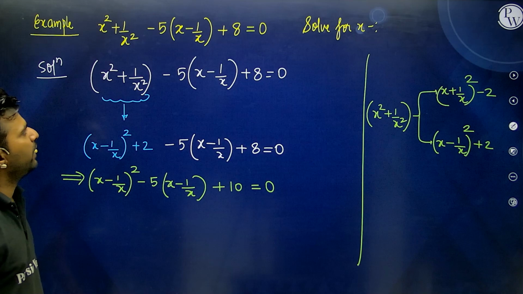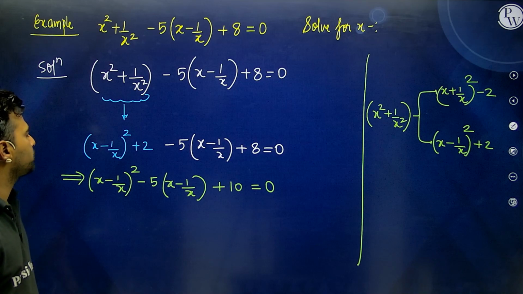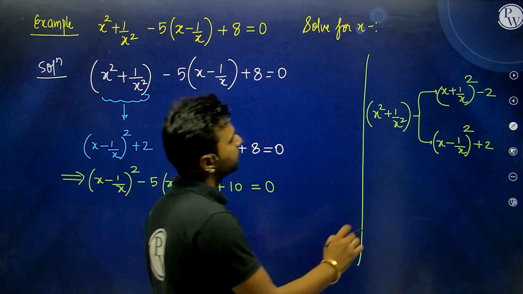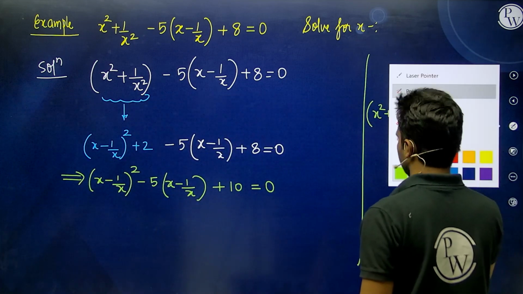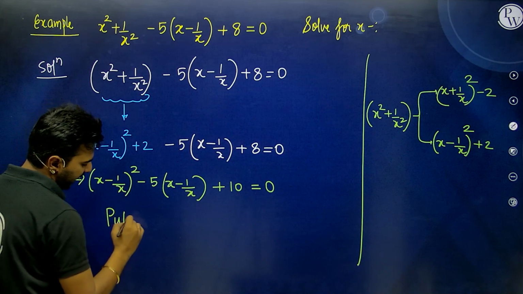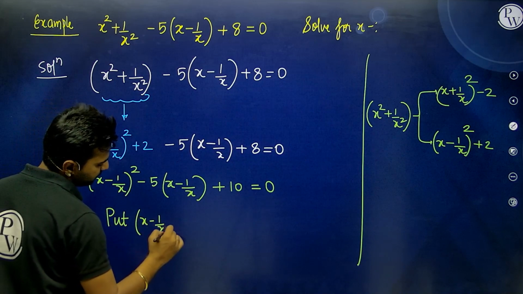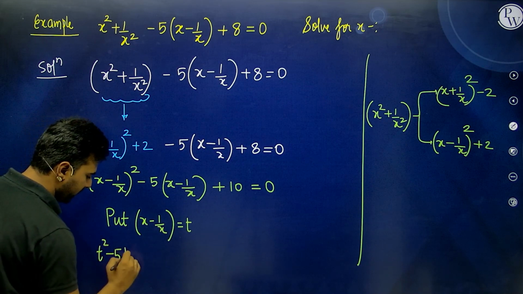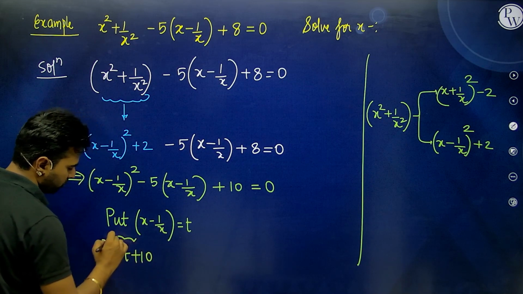Is anyone having any difficulty in this part? Do let me know. Okay, moving ahead, we can put x minus 1 by x as t. So the equation becomes t square minus 5t plus 10 is equal to 0.